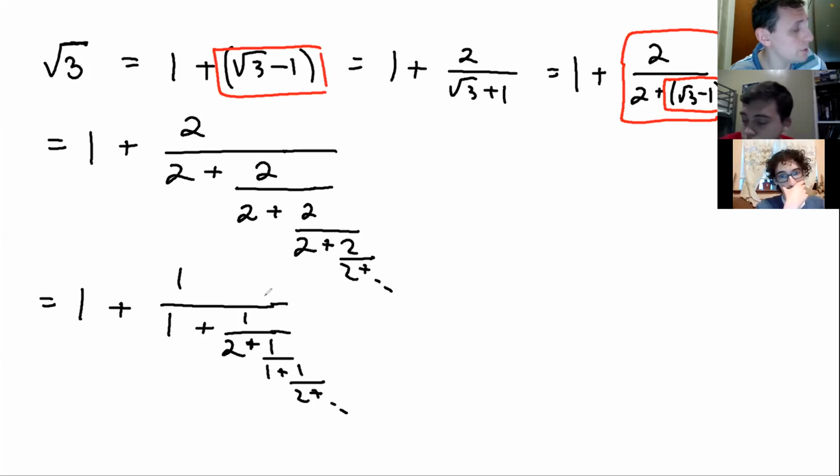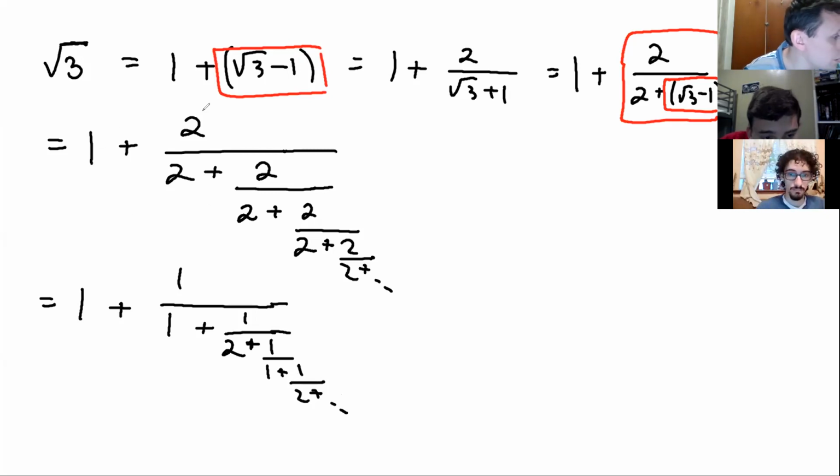You can simplify it this way if you want to. Let's see what you prefer. You can use the top line or you can use the bottom line. It's up to you.